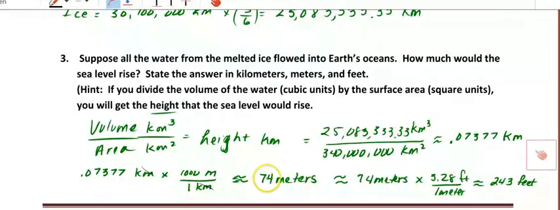So the oceans would rise 0.07377 kilometers, or 74 meters, or to convert that to feet, I know that there's 3.28 feet in 1 meter, and if I use my conversion factor here, my meters cancel out, and so 74 times 3.28 gives me an approximate value of 243 feet. So if Antarctica melted and all the ice flowed into the Earth's oceans, the oceans would rise 243 feet. Isn't that interesting?